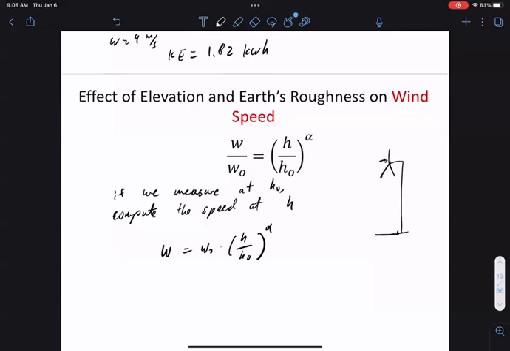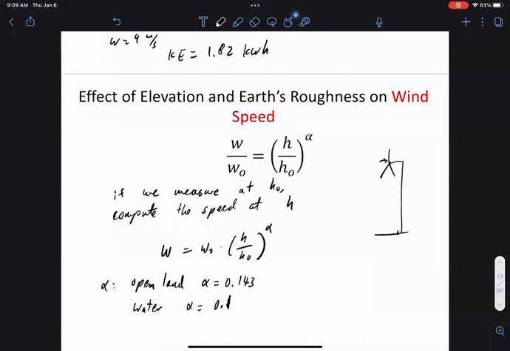There are different values for alpha. If we have open land, alpha is about 0.143. With water, 0.1. So if you have flat land or water, the height doesn't matter all that much.